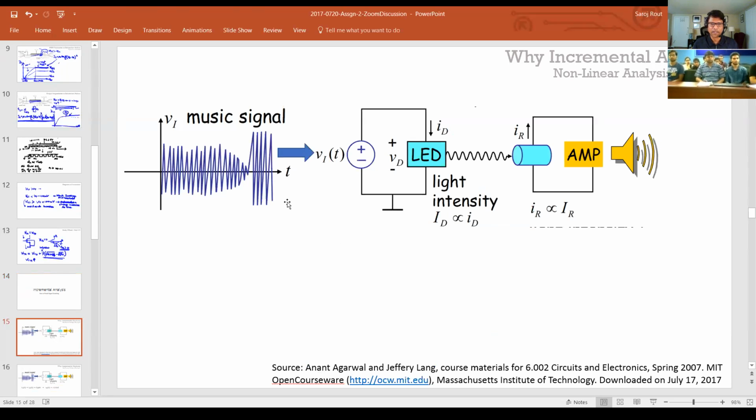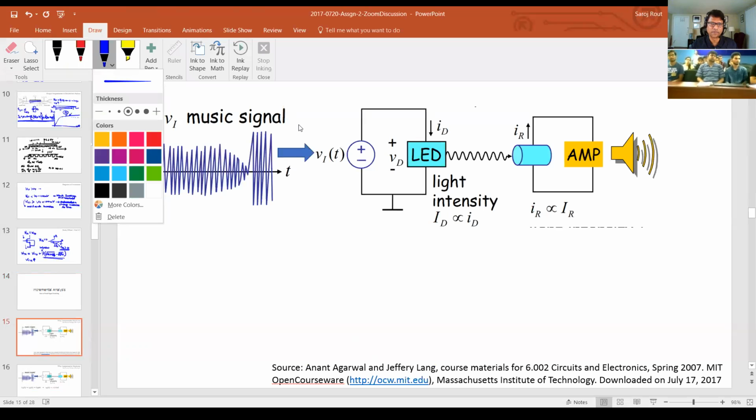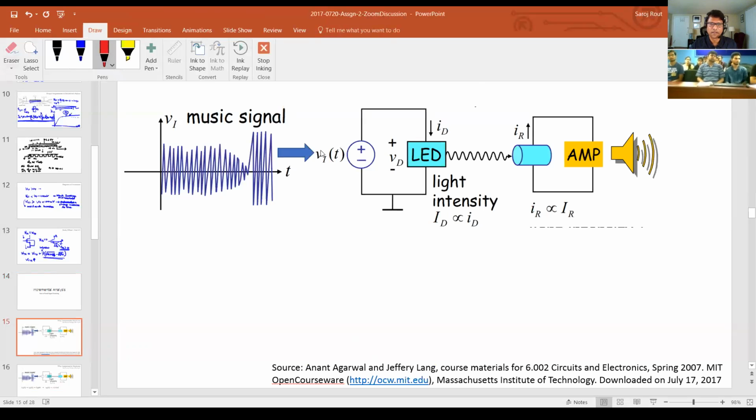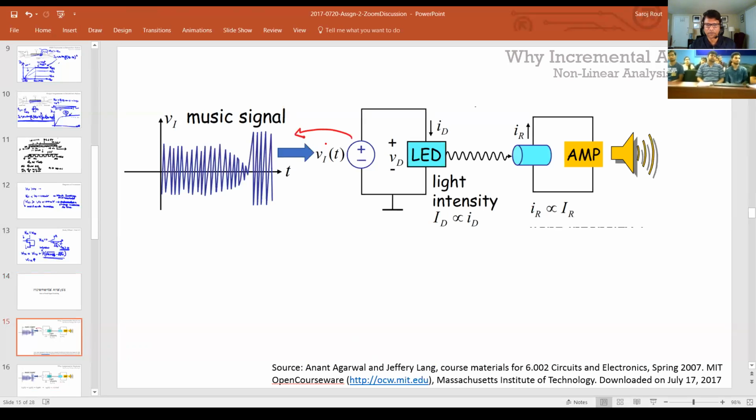So here's the example. You get an LED light and you're trying to transmit a music signal through it. So let's say this is a voltage source, which signifies your music signal, and it's applied across an LED, a light emitting diode, which is simply a forward-biased diode.